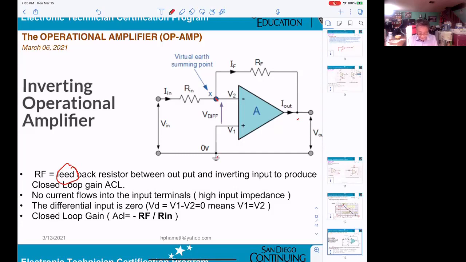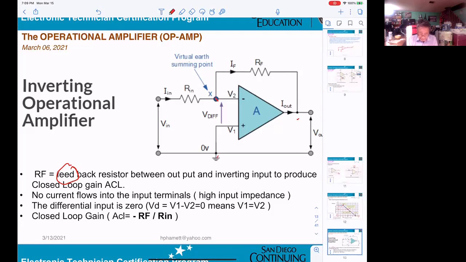Now, RF is the feedback resistor between the output and the inverting input to produce the closed loop gain, ACL. ACL stands for closed loop gain. No current flows into the input terminal.